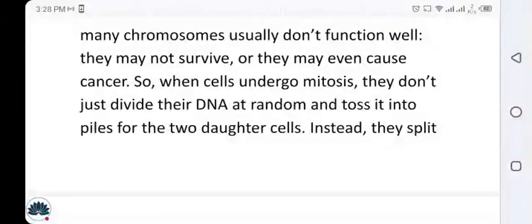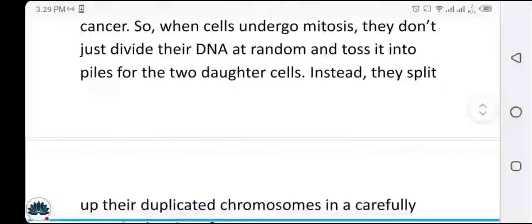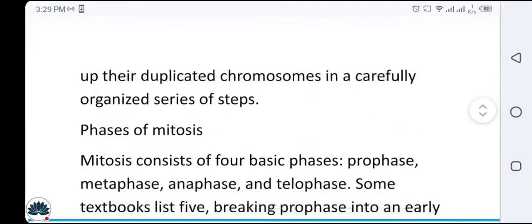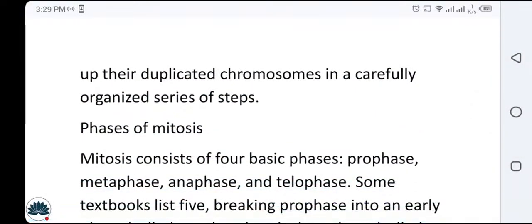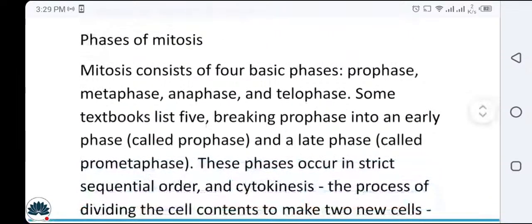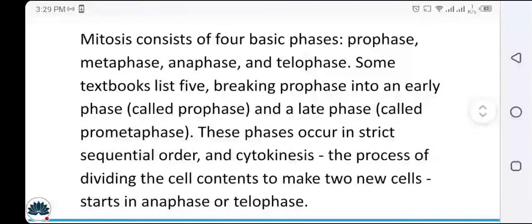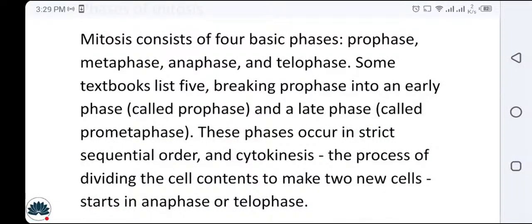So, when cells undergo mitosis, they don't just divide their DNA at random and toss it into piles for the daughter cells. Instead, they split up their replicated chromosomes in a carefully organized series of steps. Phases of mitosis. Mitosis consists of four basic phases: prophase, metaphase, anaphase, and telophase.